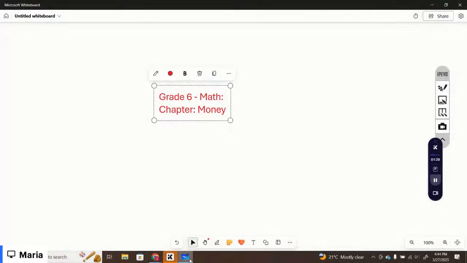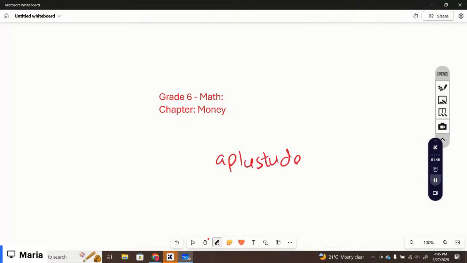We are here for grade 6 maths. You can find all the lessons on aplusstudents.com. You have to log in there using your email address and password as provided by the administrator.